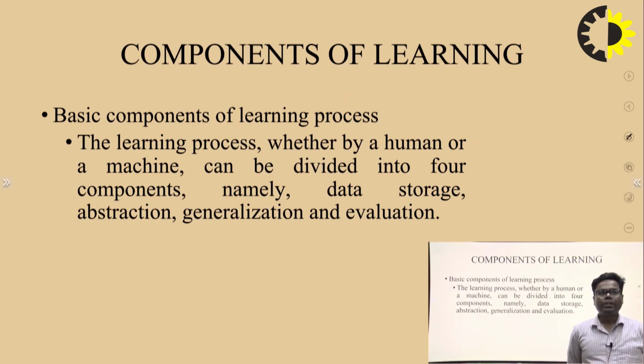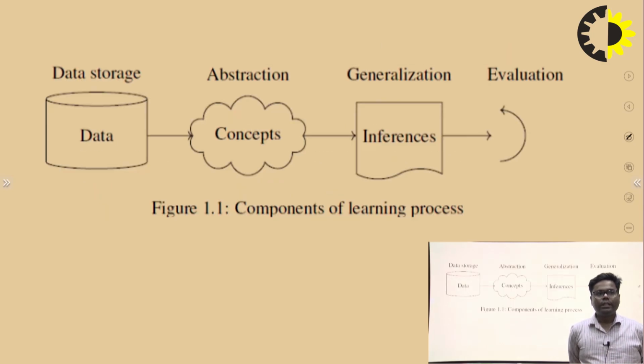Next topic is components of learning. There are basic components of the learning process, basically categorized into four parts: first is data storage, second is abstraction, third is generalization, and fourth is evaluation. This is the diagram where all the things are given: where the data is stored, how the abstraction is working, how the generalization is working, and after evaluating, how accurate the machine learning model has been.